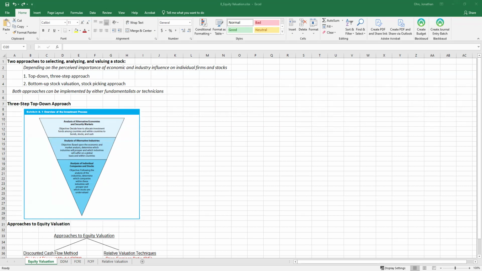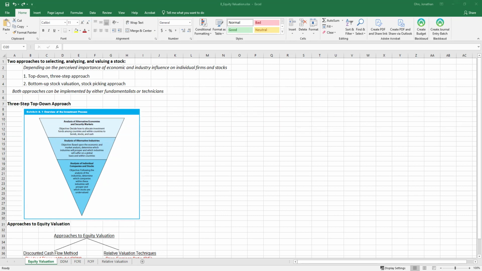Usually the best approach is considered to be this top-down three-step approach, which is seen as the superior approach. The top-down approach starts with the macroeconomy and the security markets, then goes down to industries, and then down to company analysis, as you see in the graph there.